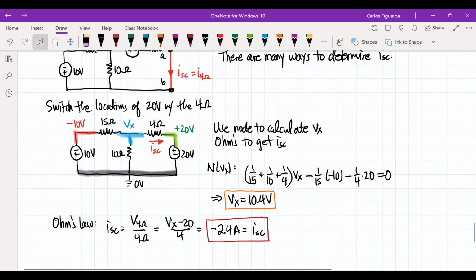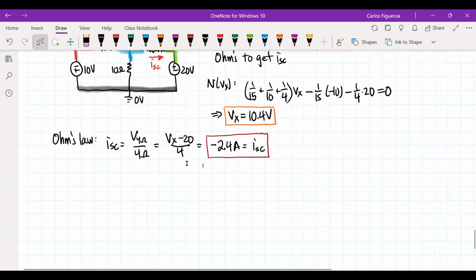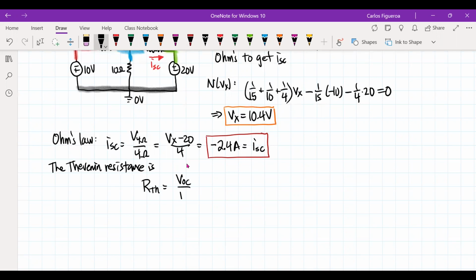So now if I go and calculate the resistance, the Thévenin resistance is going to be what? It's going to be RTH, which is going to be VOC over I short circuit. So I'm going to get minus 24 volts divided by minus 2.4 amps, and we get positive 10 ohms for RTH.